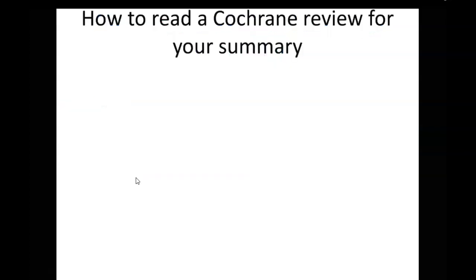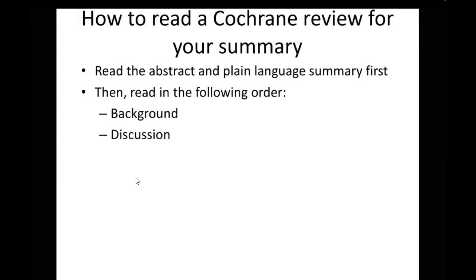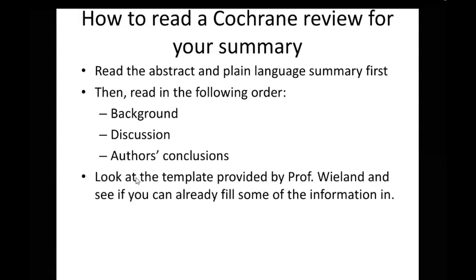So, how to read a Cochrane review for your summary? I'm sure you already looked at it, you selected it a while ago. So I would suggest to read the abstract and plain language summary first. Then read in the following order these sections: the background, discussion, author's conclusions. And then I would look at the template provided by Professor Wieland again and see if you can already fill some of the information in.